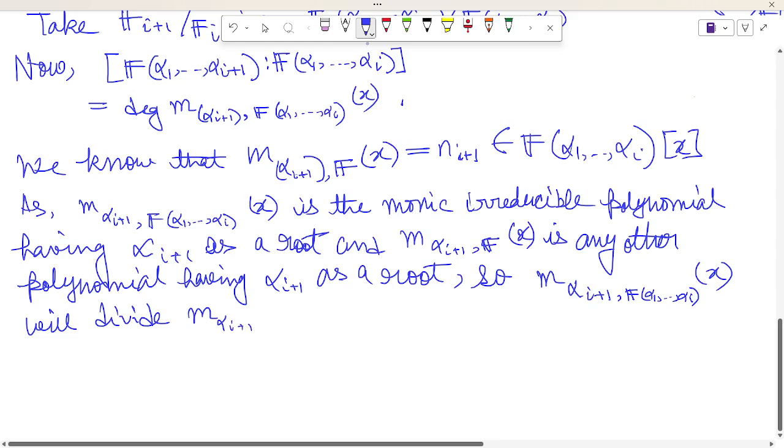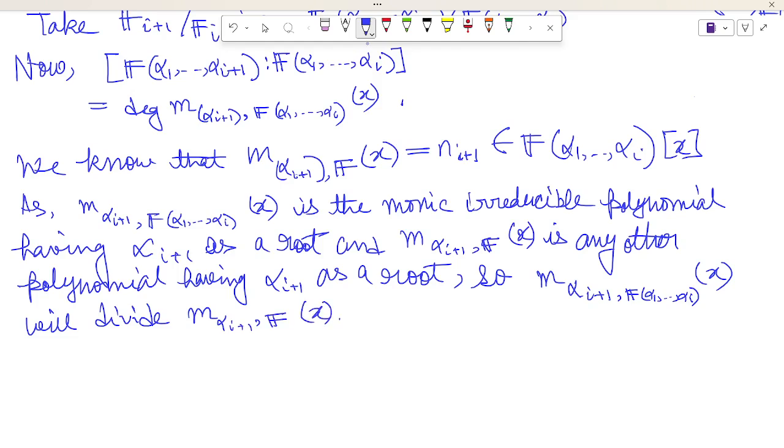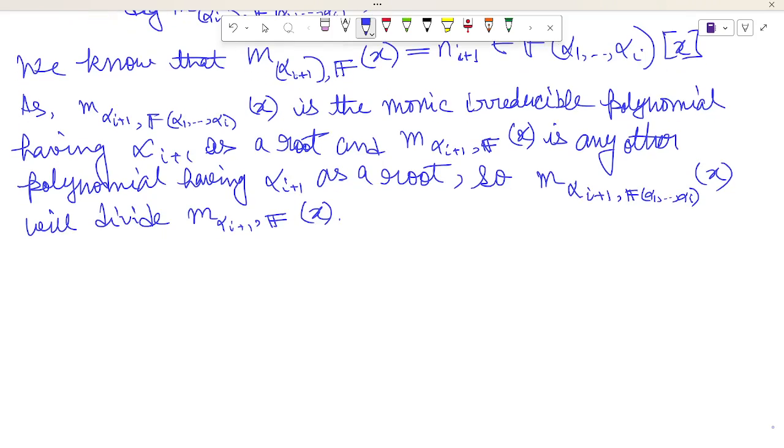Therefore, what is the degree of extension of alpha?